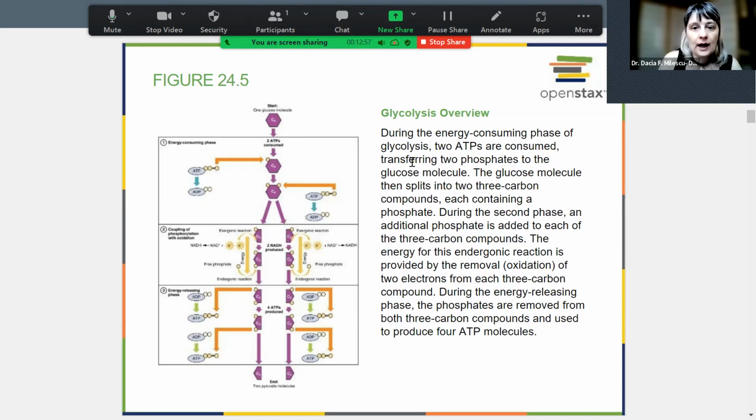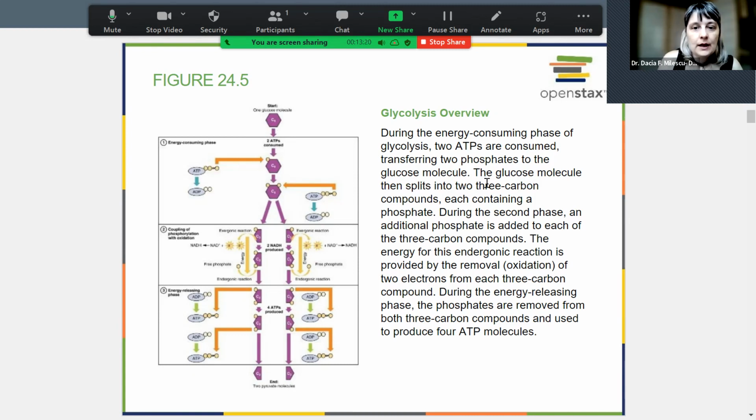And so what is the product? The product is the transfer of these phosphates. Okay, so as we consume the ATP, we are going to take these phosphates and we're able to transfer the 2 phosphates to this glucose molecule. So now we have a glucose molecule with phosphates.